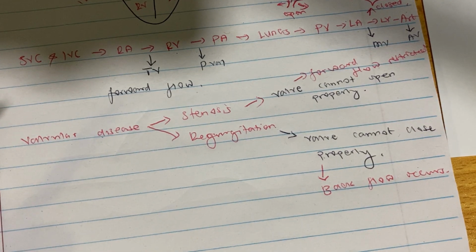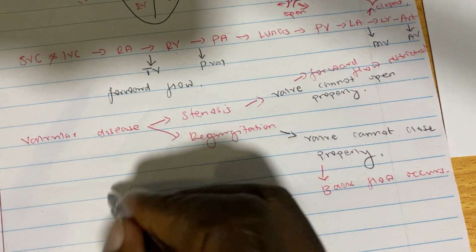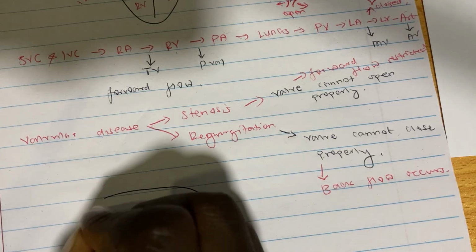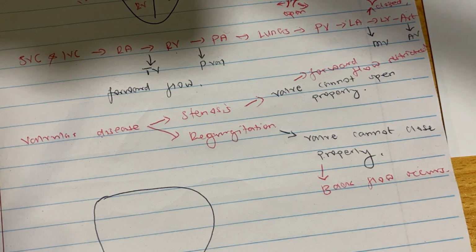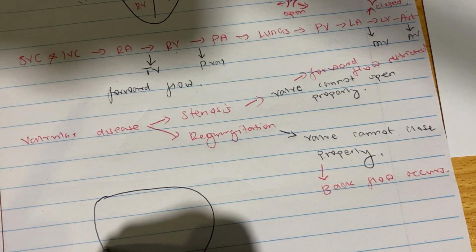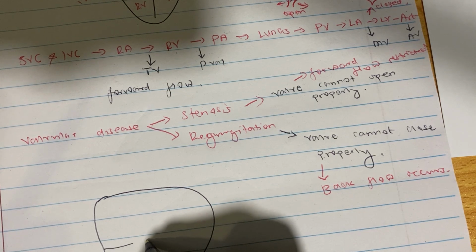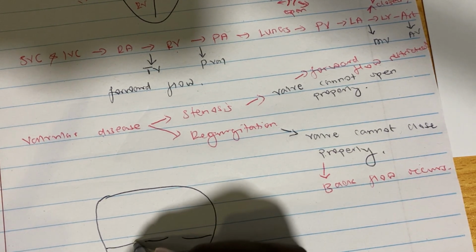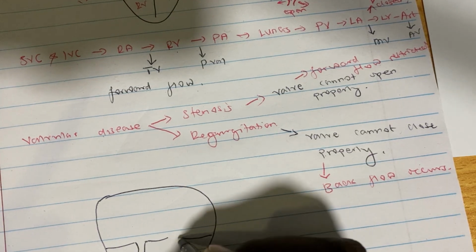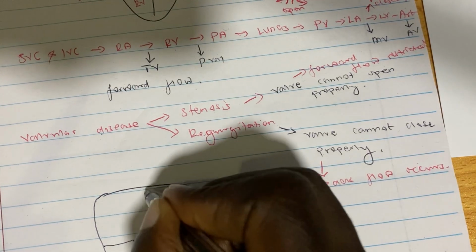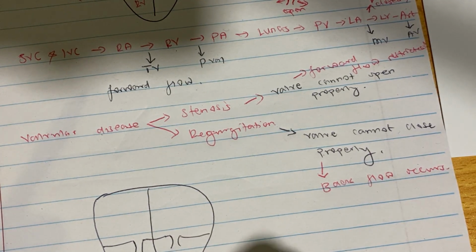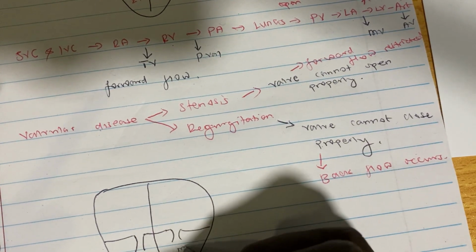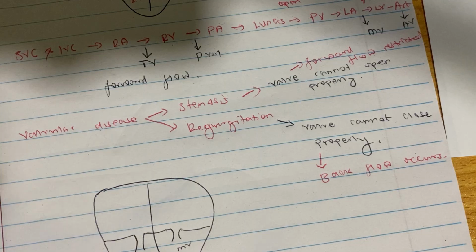Here again, if we draw our simple heart, these are the atria, this is TV, MV. These are open.